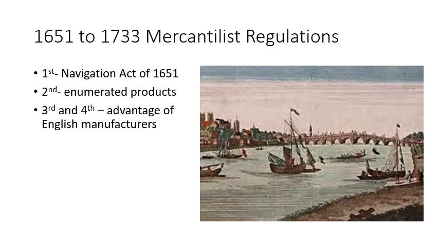Now, the third and fourth of these mercantilist regulations were really dealing with trying to help out English manufacturers who produced a lot of items for the colonial market. Parliament, by the way, is the legislative body over in England. So whenever I talk about Parliament, know what that is.